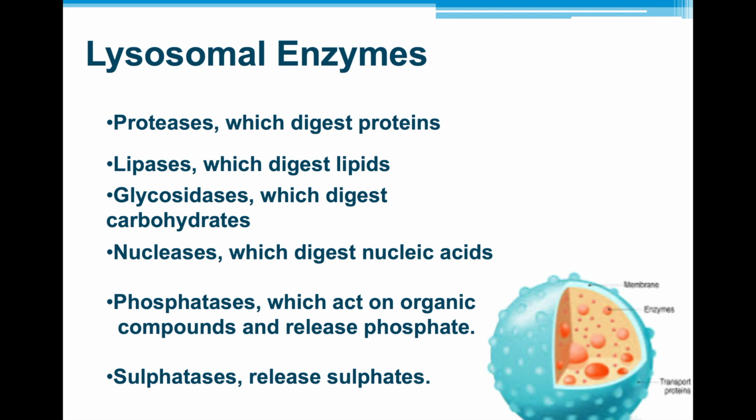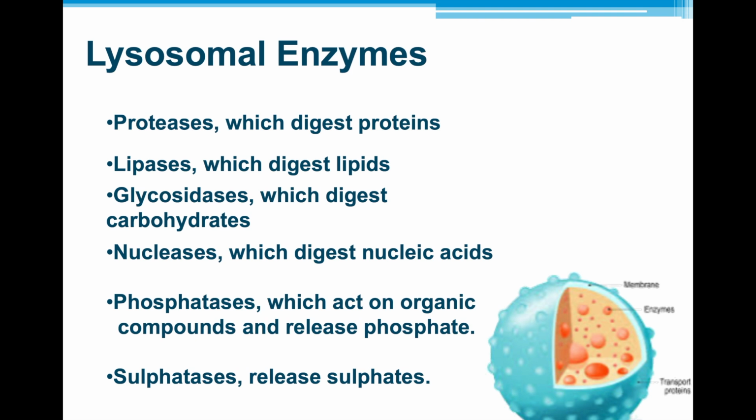Proteases, which digest proteins, lipases, which digest lipids, glycosidases, which digest carbohydrates, nucleases, which digest nucleic acids, phosphatases, which act on organic compounds and release phosphate. Sulfatases also act on organic compounds and release sulfates.